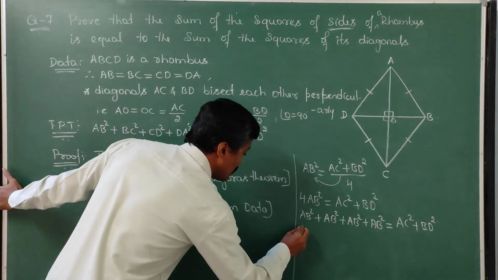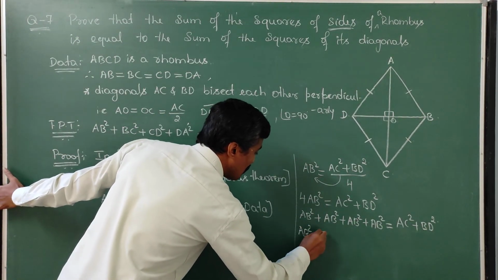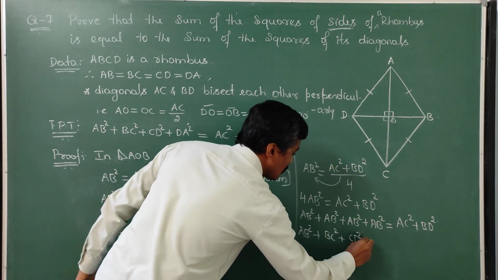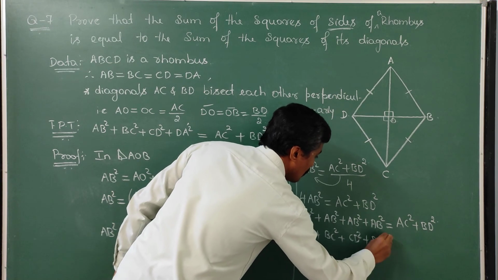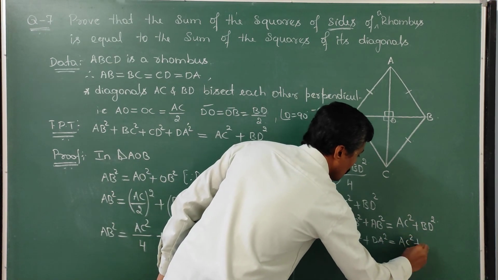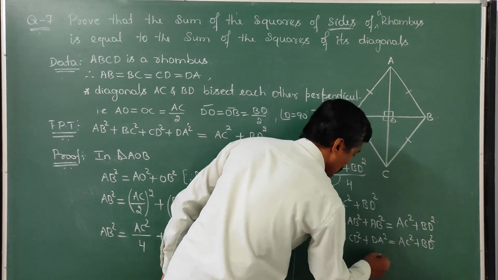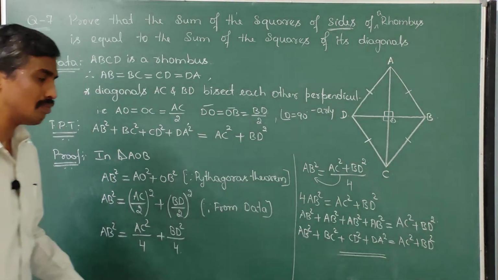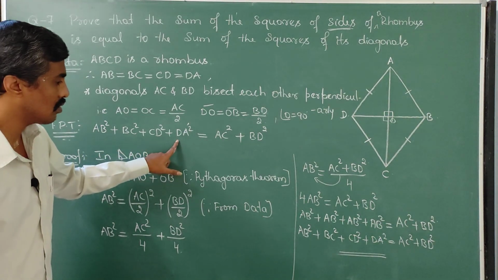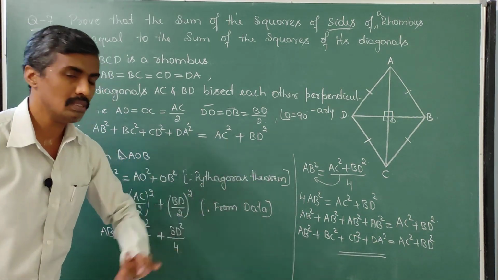So AB square plus BC square plus CD square plus DA square is equal to AC square plus BD square. This is the thing we have to prove.